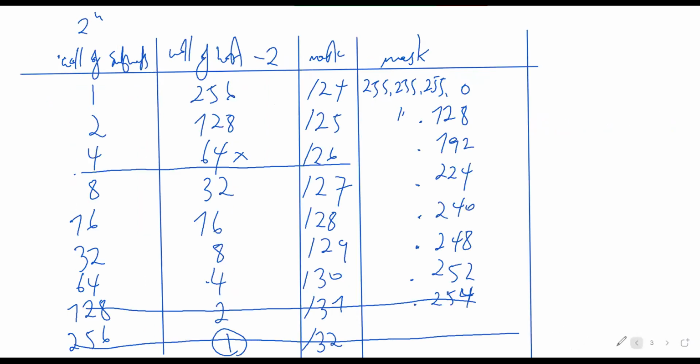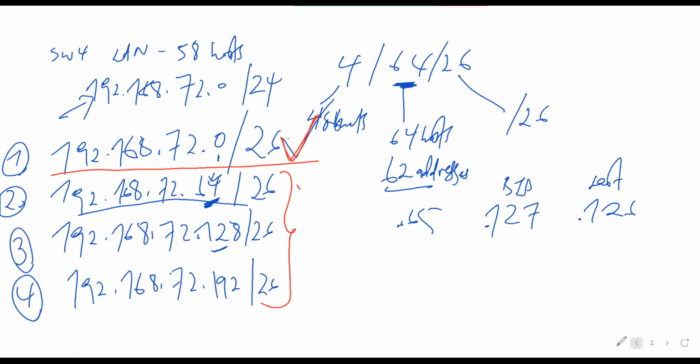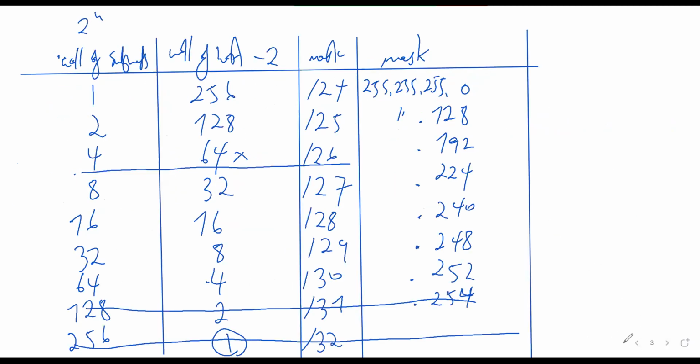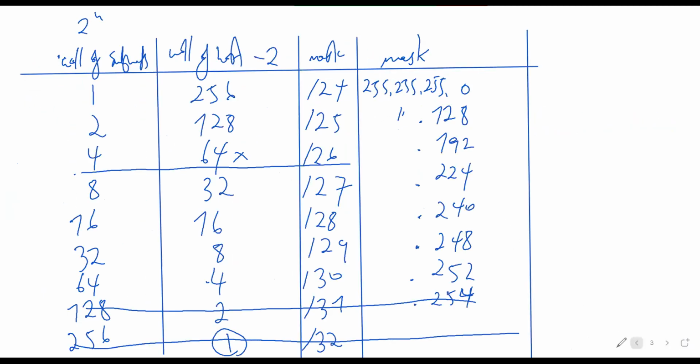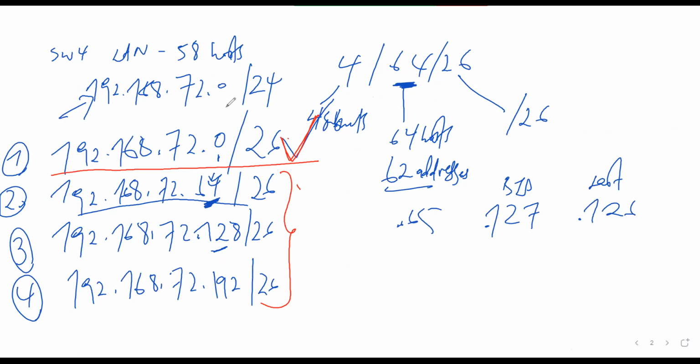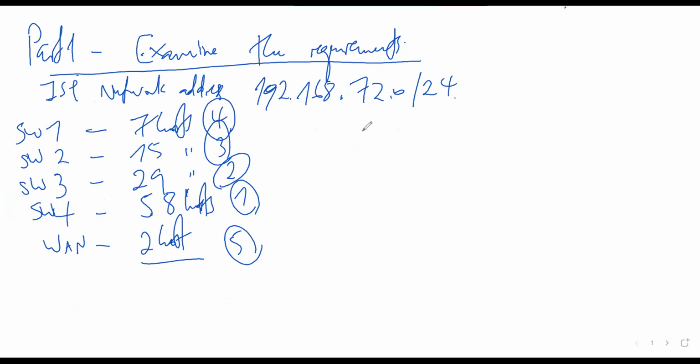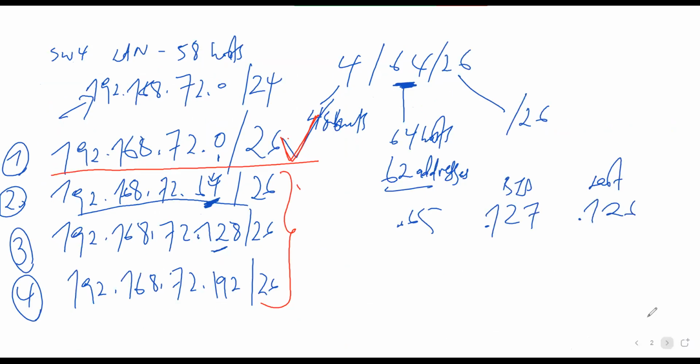Let's go to the next network. Let me go to another page. Let me go back here. The next network we are going to be dealing with is the switch 3 LAN with 29 hosts. All right, 29 hosts. Let me put it here.